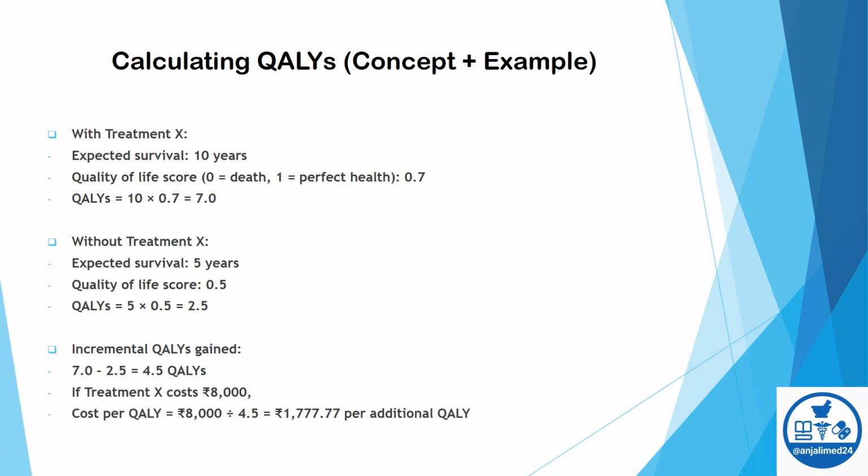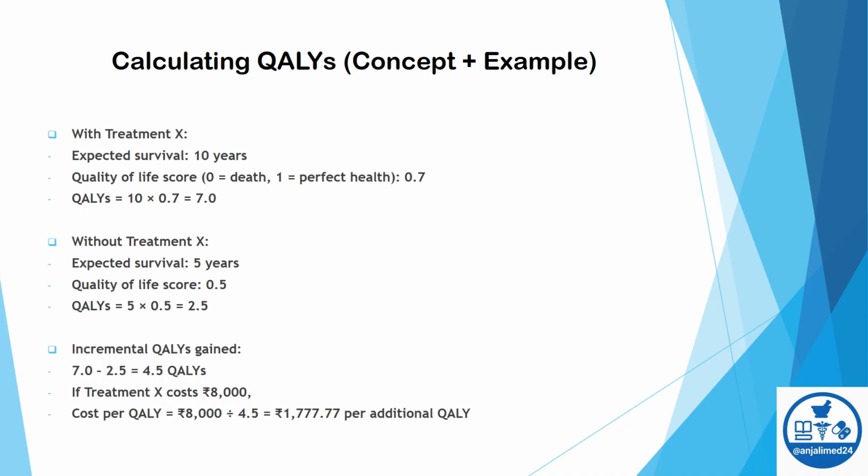Calculating QALYs. On this slide, we are learning how to calculate QALYs using a simple example. First, we look at the expected survival with treatment X, which is 10 years, and the quality of life score for those years is 0.7. Multiplying these gives us 7 QALYs.